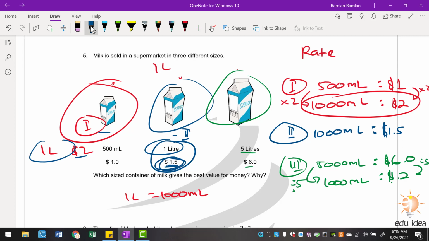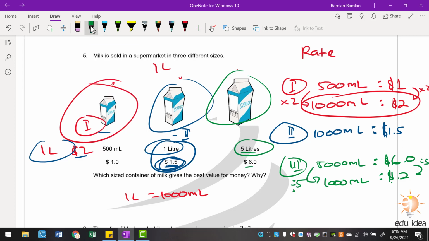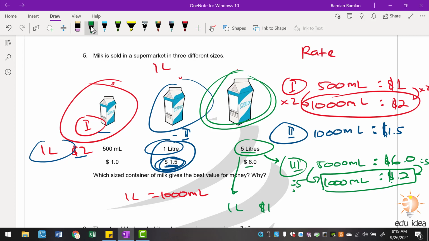Now let's go to the third one, the big one, which is the 5 liters. We have written the calculation of the rate to find the price of 1 liter for this size, and we get this number over here. So for this size, 1 liter costs $1.2.